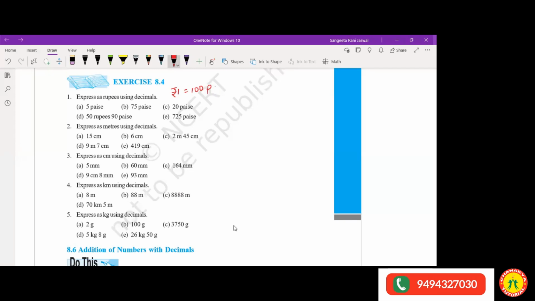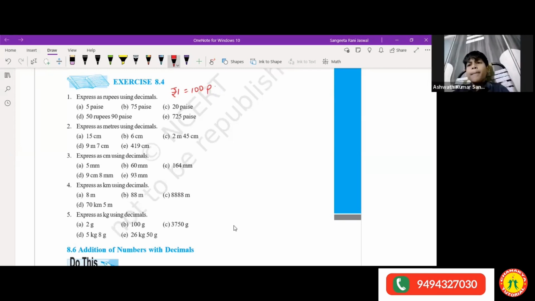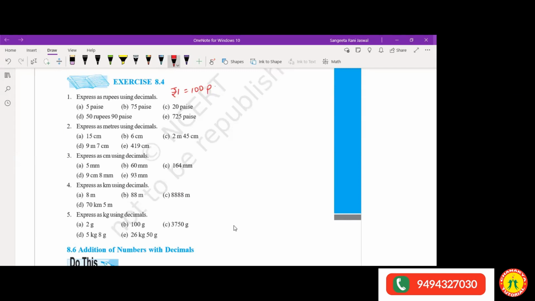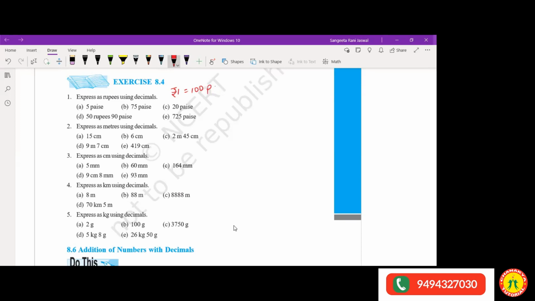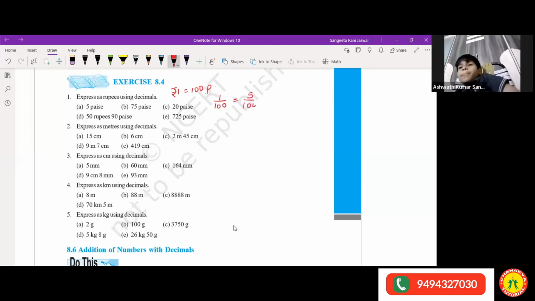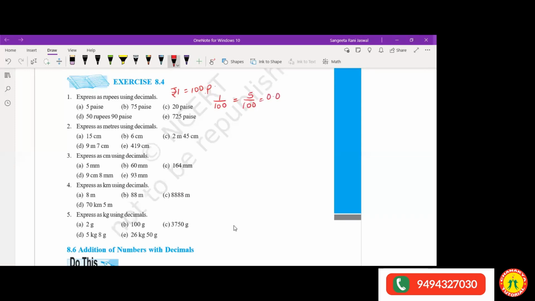Ma'am, 0.05, ma'am. Yes, see, when you are converting paise to rupees, what do you do? You divide by 100, no? So this will be 5 by 100. 5 by 100 becomes 0.05 rupees.